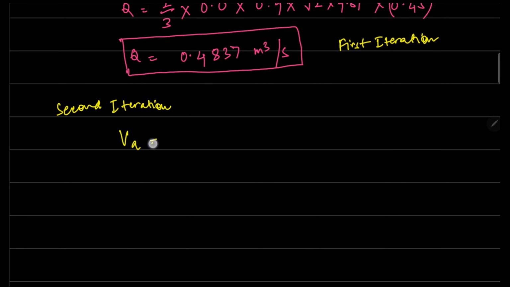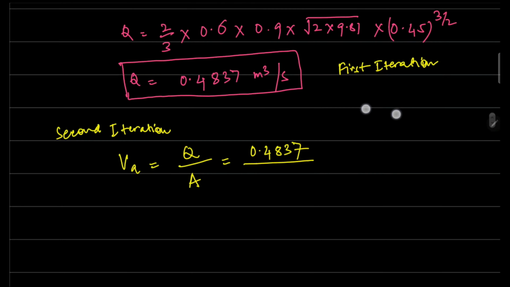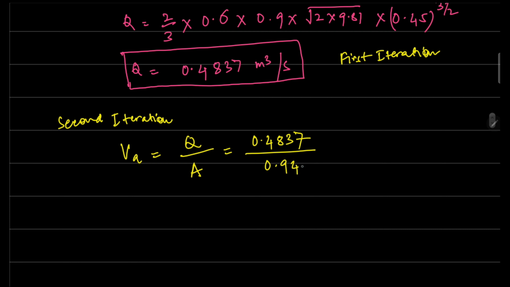The velocity of approach will be the discharge available to us divided by A. So the discharge is 0.4837 divided by the area, A value 0.945, and that value comes out to be 0.5119 meter per second.